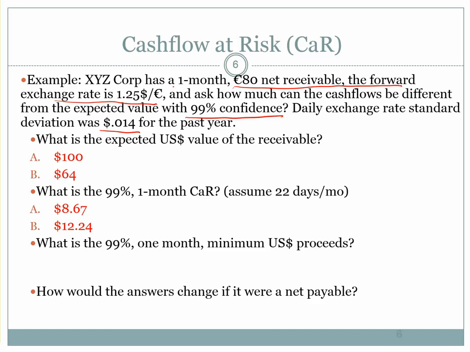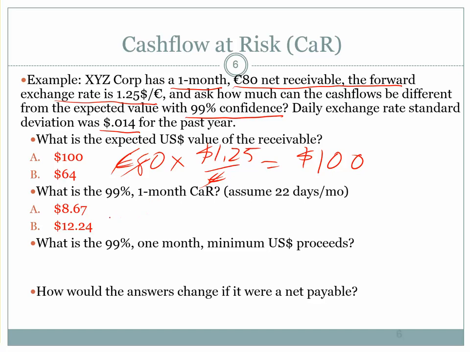And in this case, we're looking for a 1-month exposure. So first we can do the same thing we did in the last problem. I expect to get 80 euros. I expect the exchange rate to be 1.25. So I expect to get $100. So then the question is, how much can it be different?